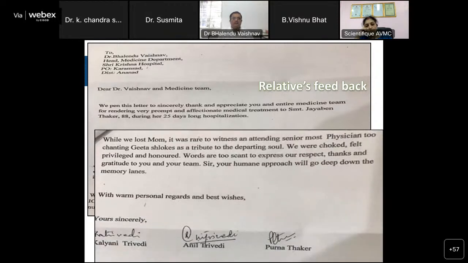The daughter writes further, while we lost our mom, it was rare to witness an attending senior-most physician chant Gita shlokas as a tribute to the departing soul. We were choked, felt privileged and honored, and words are too scant to express our respect, thanks, and gratitude to you and your team. Sir, your human approach will go deep down the memory lanes. The last word is important.